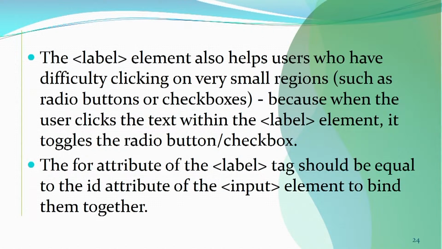As the cursor comes in the label area, the input toggles and the user is able to click in that region. So it helps users who have difficulty clicking on very small regions, because when the user clicks the text within the label, it toggles the radio button.